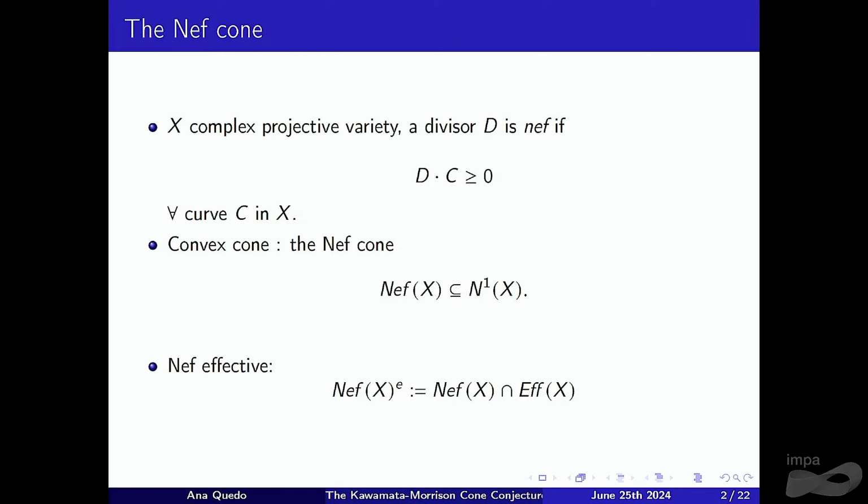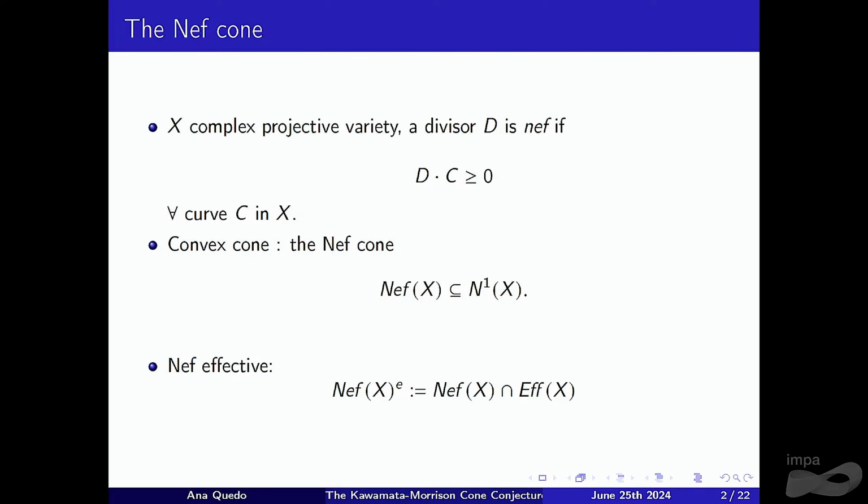We can also consider another cone that will be interesting for us, the nef effective cone. It is the nef cone intersected with effective divisors, which also forms a convex cone. These convex cones are interesting because they say a lot about our projective varieties.